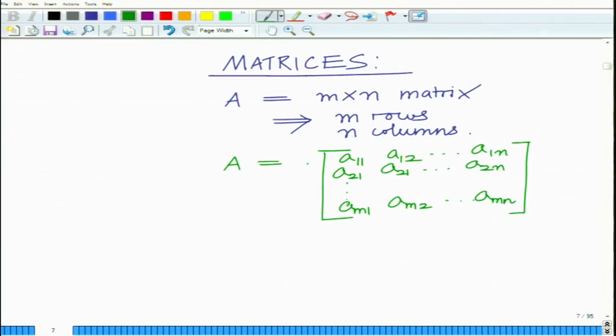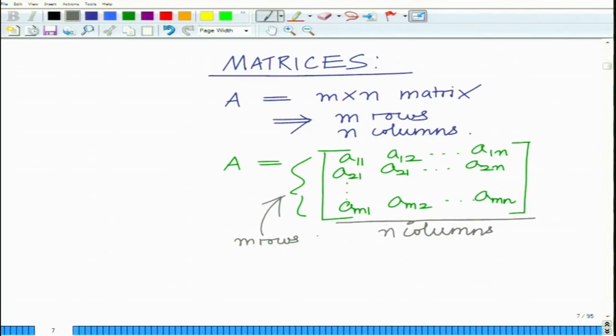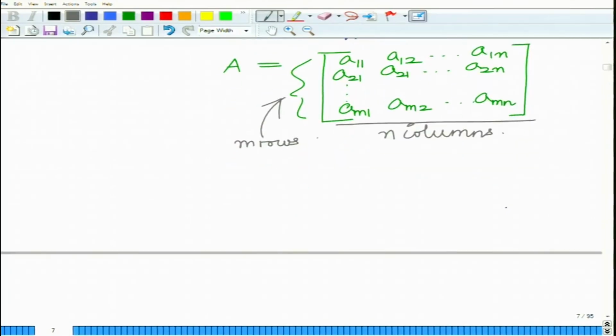So, you can see there are m rows and there are n columns, and note that this quantity, for instance, the ijth element Aij equals the element in the ith row and the jth column.